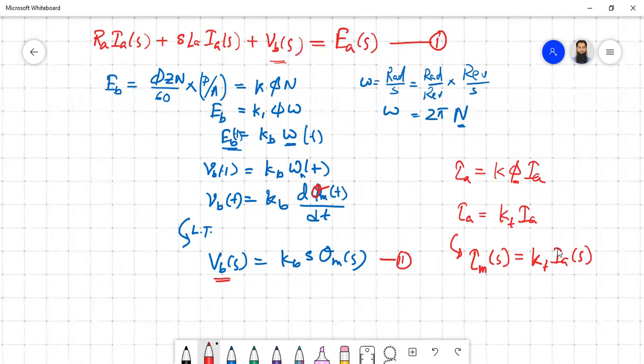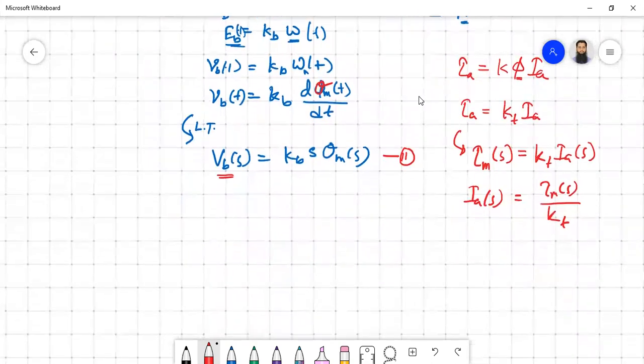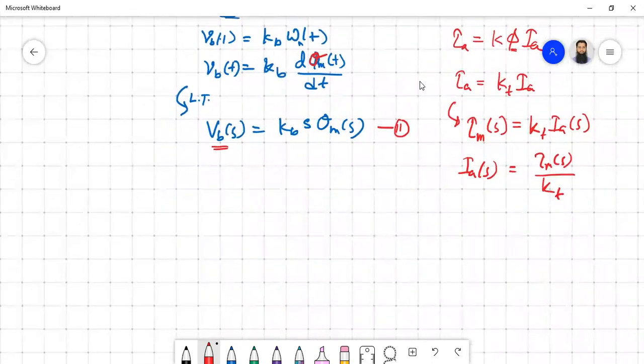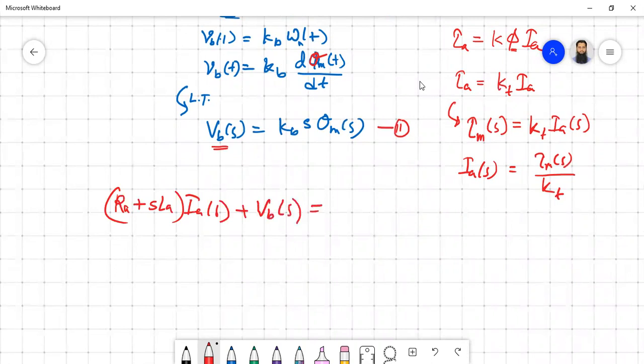So what we have in this equation is Ia, and Ia has to be replaced by Tm. So Ia will be basically tau by Kt. Now let's put these two into this equation and see what it becomes. Before applying this, we take Ia common: (Ra + sLa) Ia(s) + Vb(s) equals Ea(s).